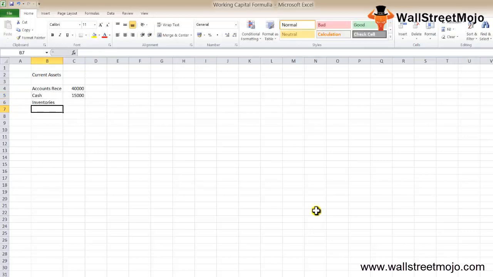Inventories, let's say 34,000. And any marketable securities, let's say 45,000. And the prepaid expenses, which is the last component for our calculation, is let's say $5,000. We'll try and sum this up. So this is going to be a total.